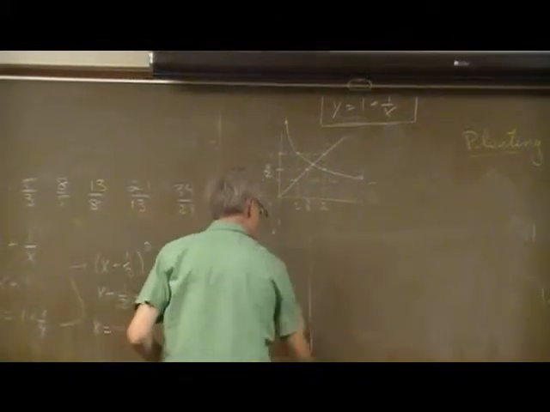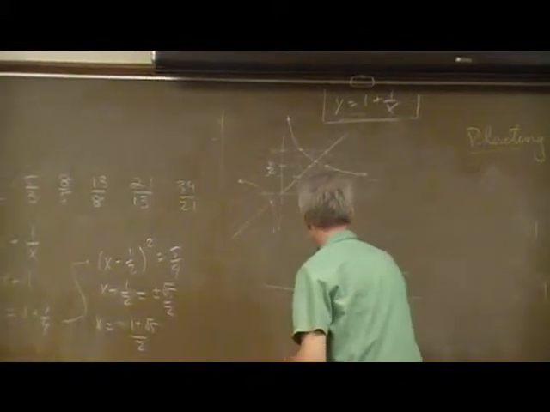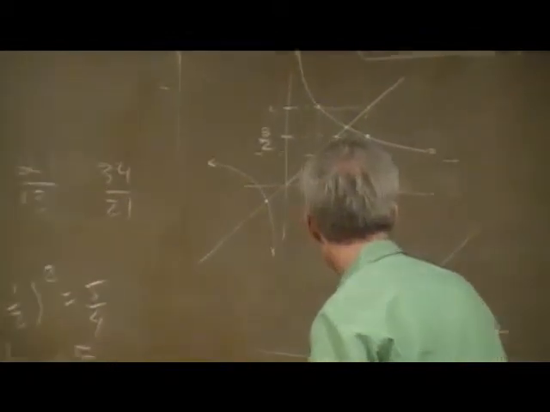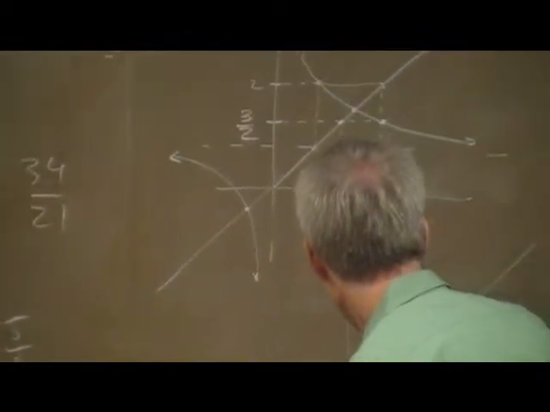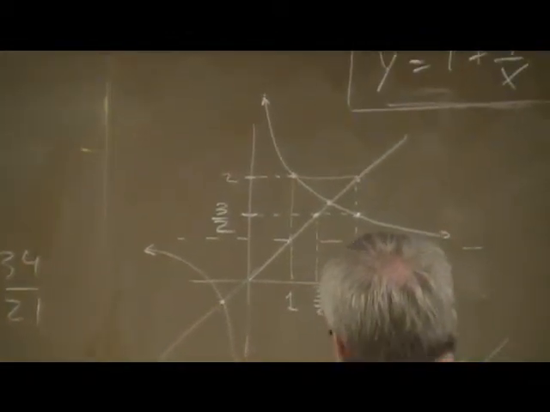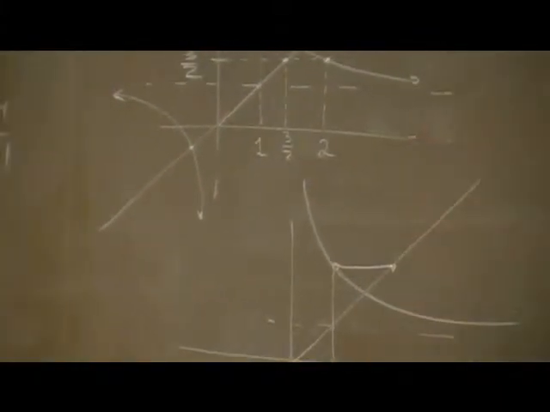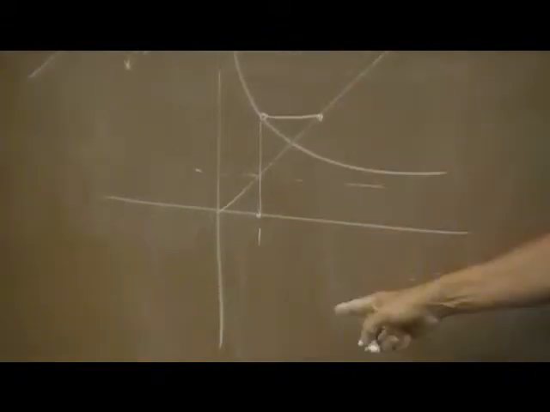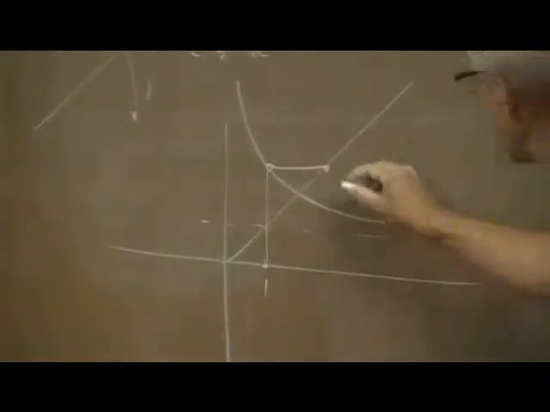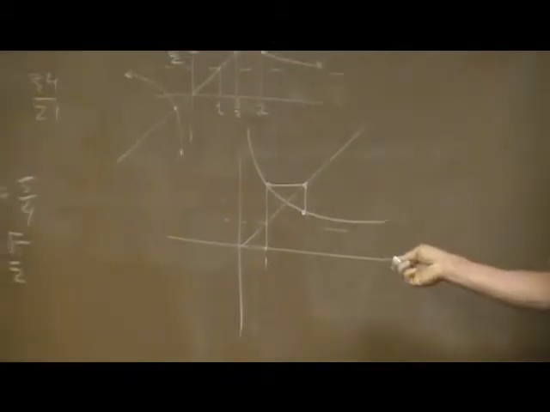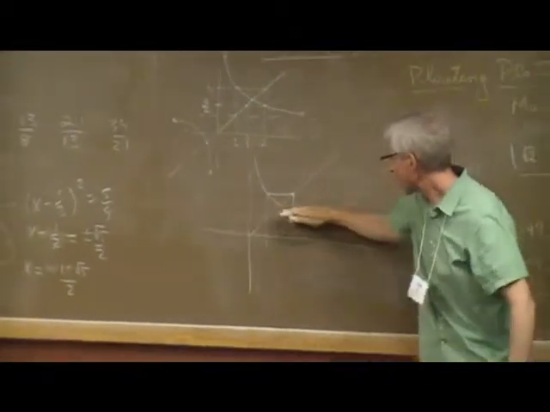So let me redraw this picture now. I'm starting here with 1. I go up to the curve. I come over to the line y equals x. There's my x value representing my output. I come down to the curve. I'm now thinking of a y value.